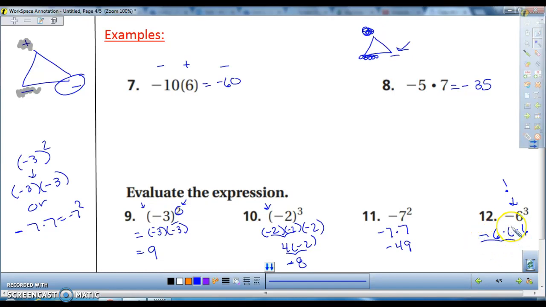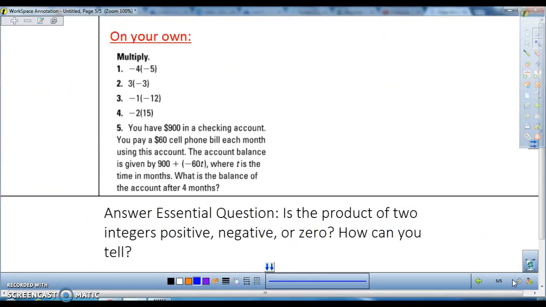Negative times positive is negative. 6 times 6 is 36. So negative times positive is negative, and negative 36 times 6 is negative 216.